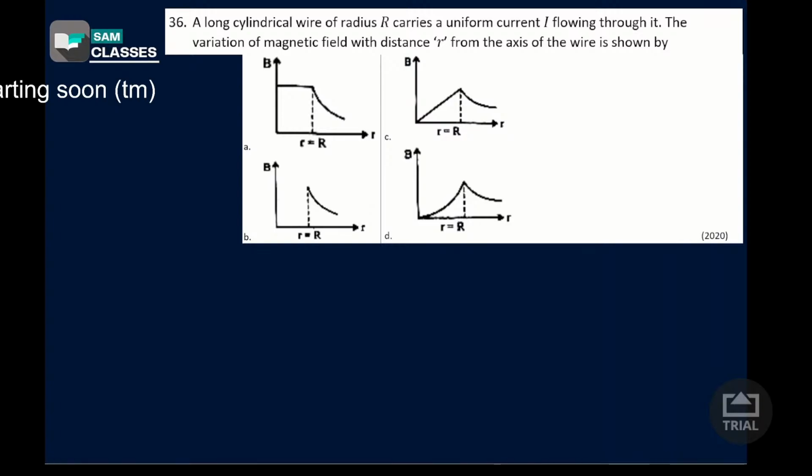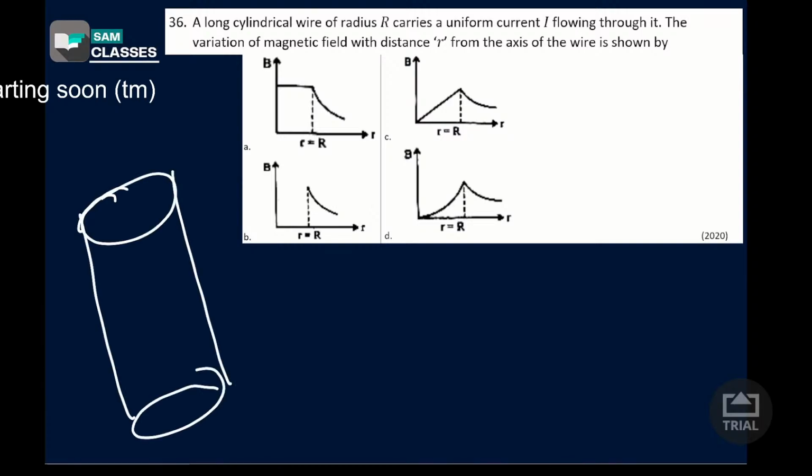Now we know for a cylindrical wire, if you remember the formula, does it increase or decrease, students? For a cylindrical wire with radius r, which carries a uniform current, let's say we are talking about some distance r here, at 2 points.